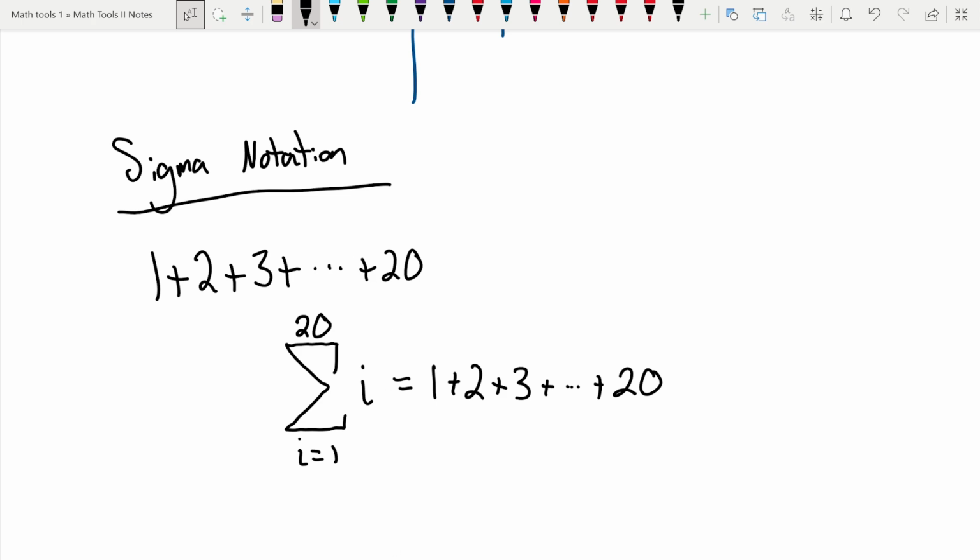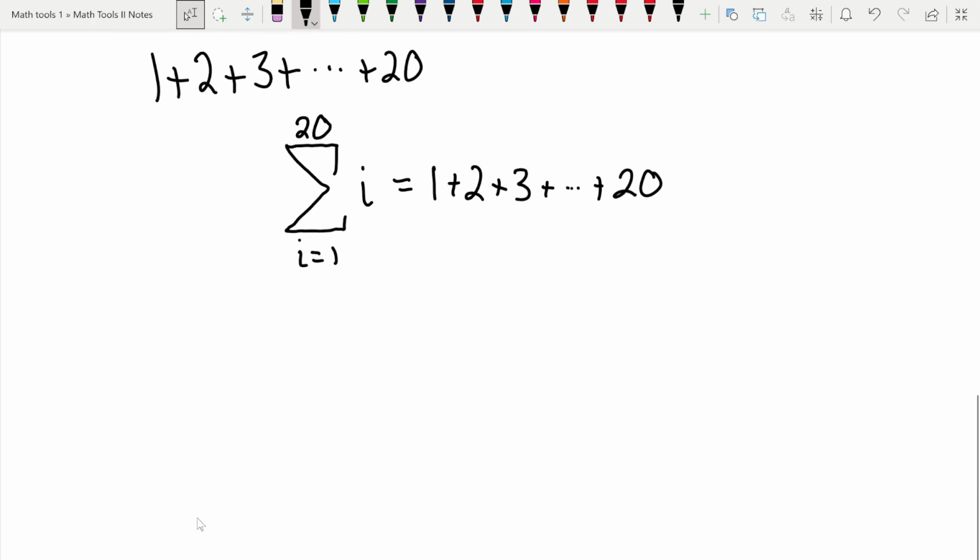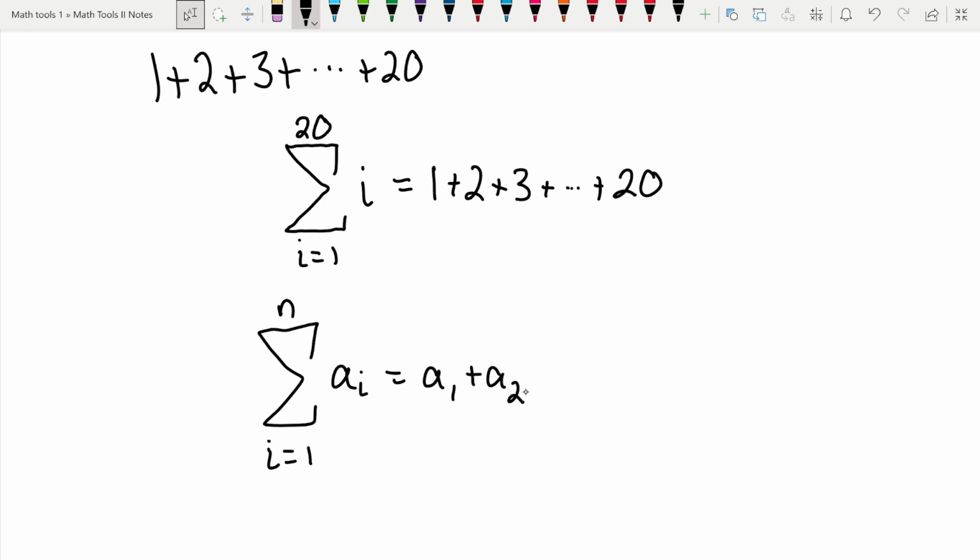Now, more generally, like I said, the index doesn't always have physical meaning. We might write instead something like this, where we have a sub i, and then maybe we go i equals 1 to n. What this means is that we want to add together the terms a1 plus a2 all the way up to a sub n, whatever n is. Maybe we don't even specify it; maybe we just want a general formula. But in general, here the i's don't really have any numeric meaning.